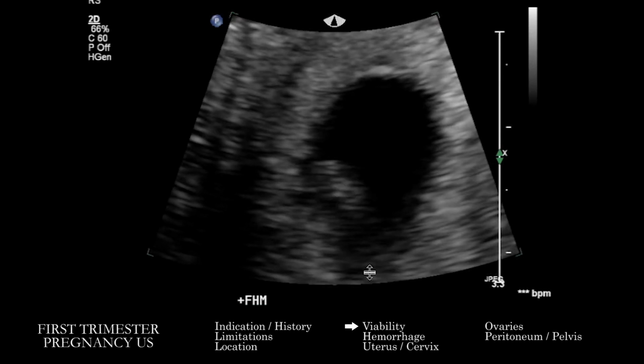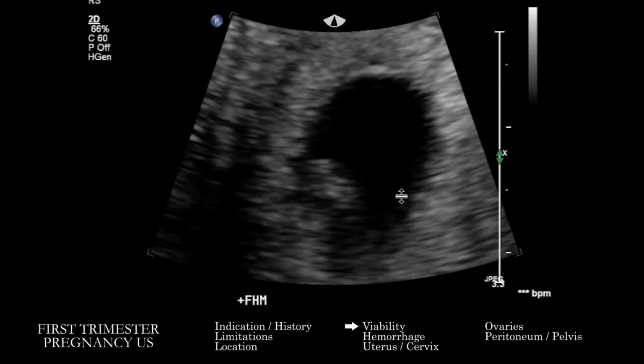Then we'll go through and have all those measurements. Here we have a cine looking at fetal heart rate.